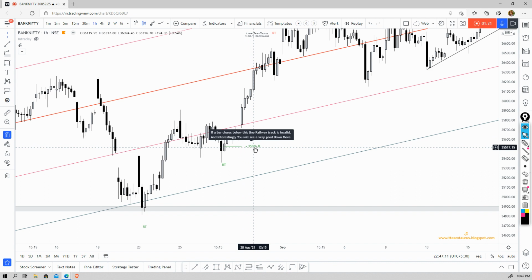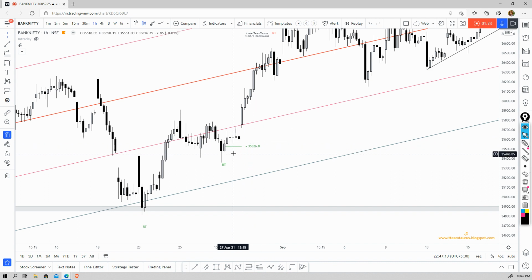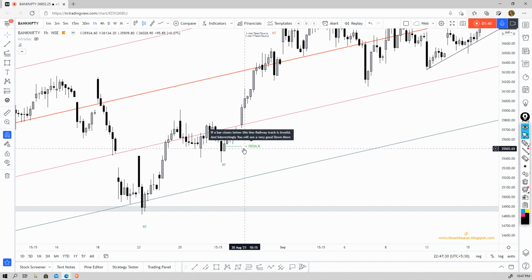Once this level is broken down, it means this bullish setup is broken, and you will see a reversal, like a downside trade. But this level will act as an important level at that point.